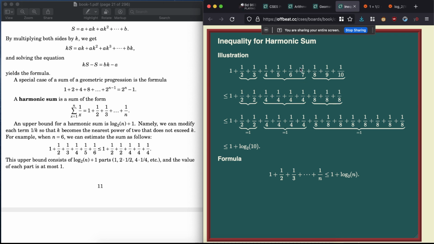So when I cut off the sequence here, for this specific case, we want to count how many groups: 1, 2, 3, and 4 groups. So what this log 10 to the base 2 is representing is 3 point something, because 2 to the power 3 is 8, 2 to the power 4 is 16. So 2 to the power 3 point something would be 10.